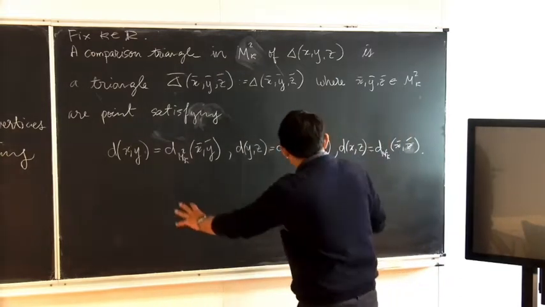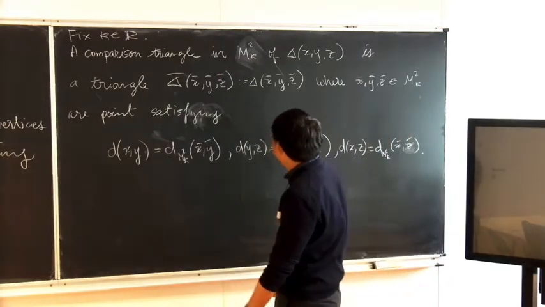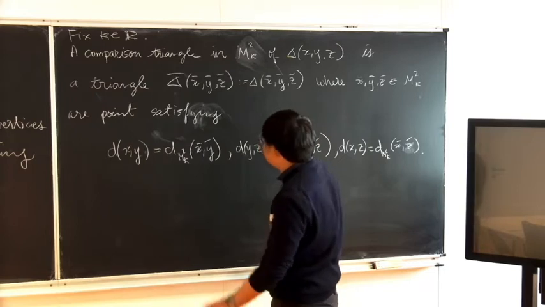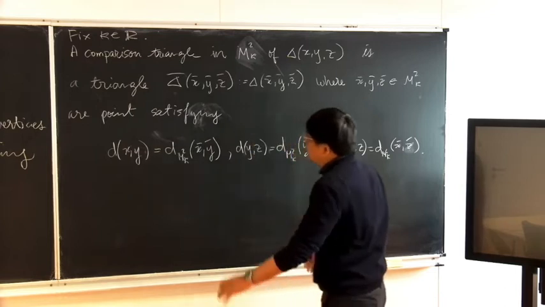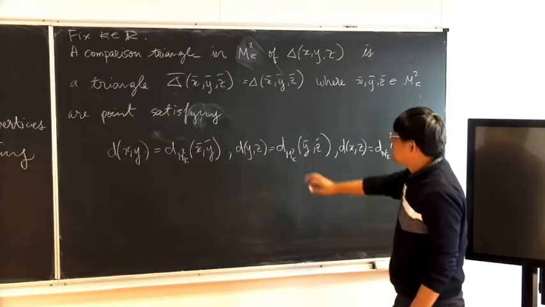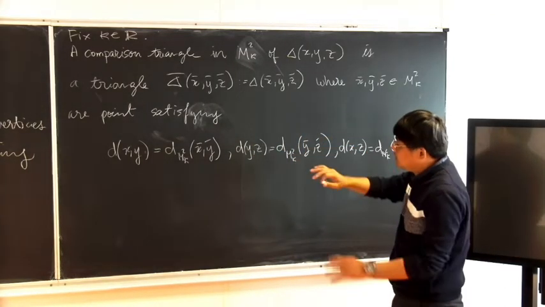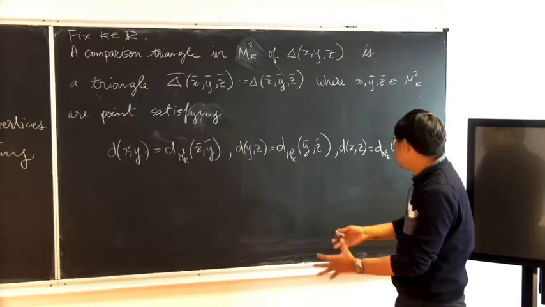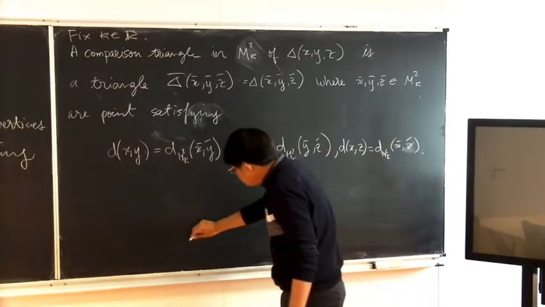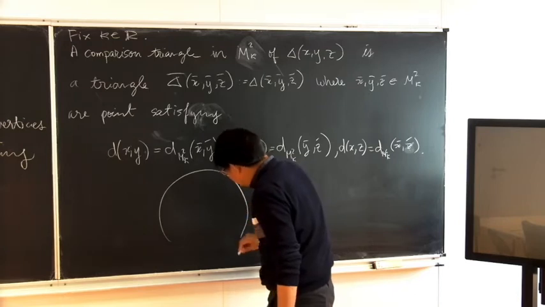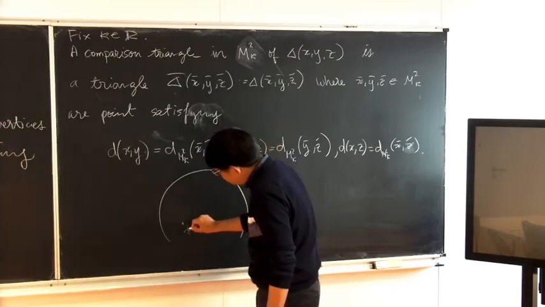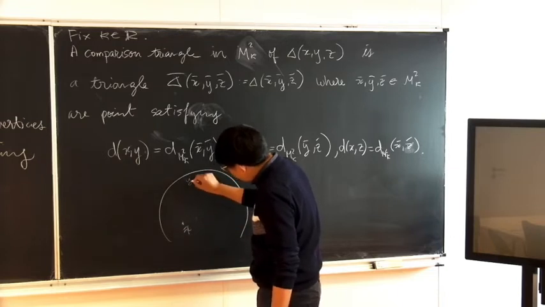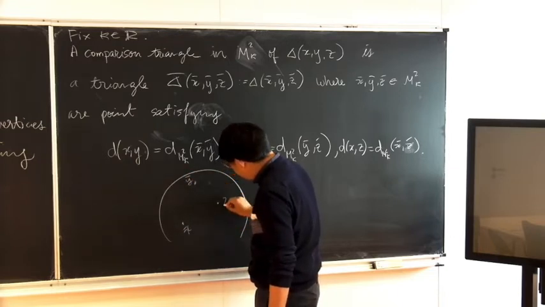So here we construct another triangle. Let's say that we fix kappa to be 1. So now we are considering this comparison triangle on a unit sphere. Suppose this is the unit sphere. Forget about the other part. This is x bar, y bar, and z bar.